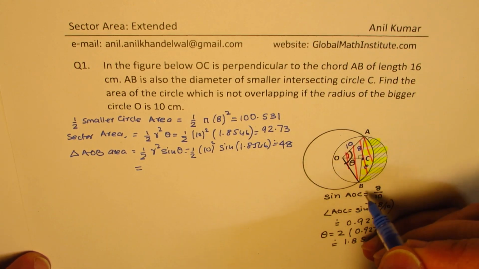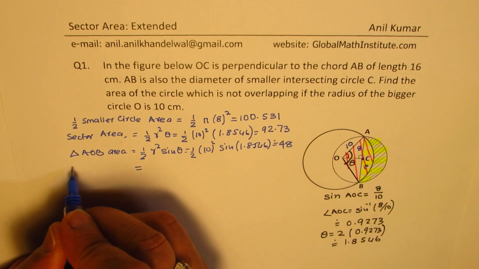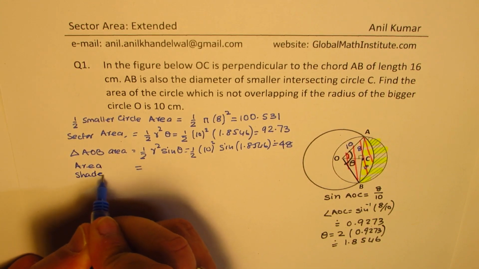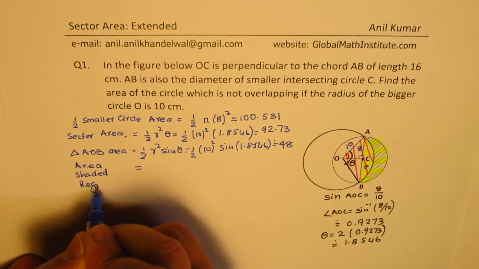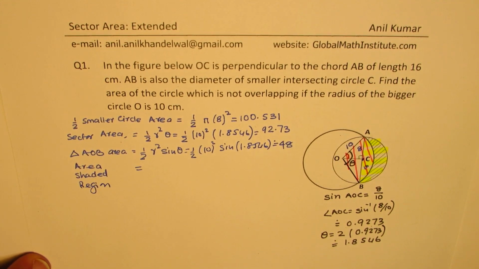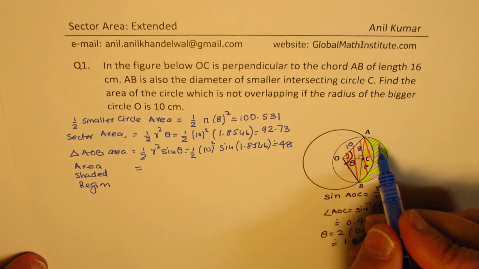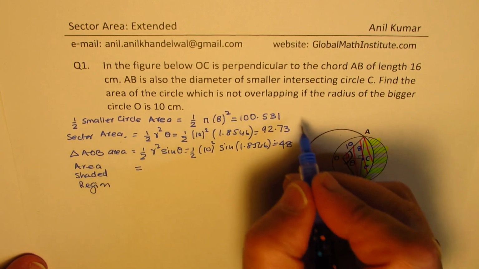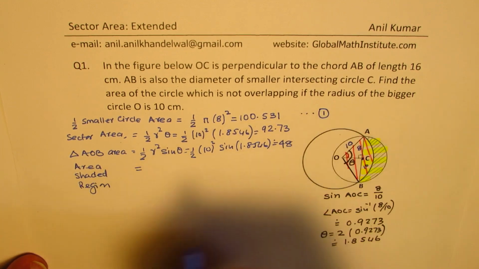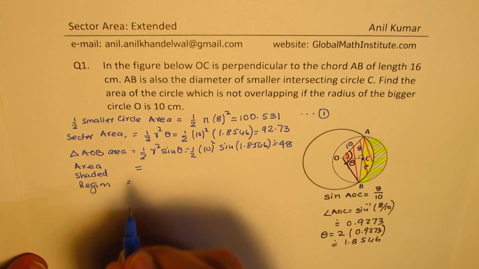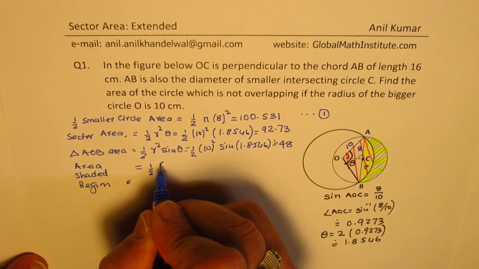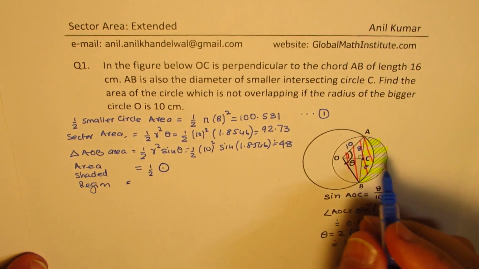Now it is easy to find the area of interest. So we can say area of shaded region. Correct. So area of shaded region is that from our half circle, which is equation 1, that is half of circle area, which is C, right?